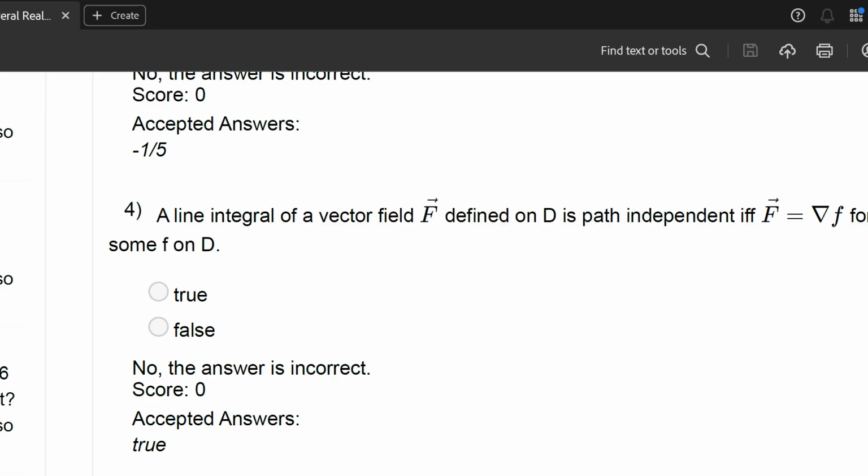A line integral of F defined on D is path independent, that is, does not depend on the path, if and only if F equal to grad of f. So grad of f means capital F is a conservative vector field. In the future you will know that for conservative fields curl is 0. This will come later, but for now F conservative means F equal to grad of f, and conservative means the integral does not depend on path. It depends only on the endpoints. So the answer is true. Okay, correct.